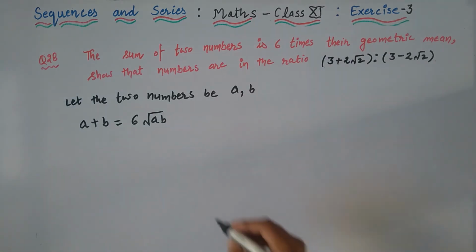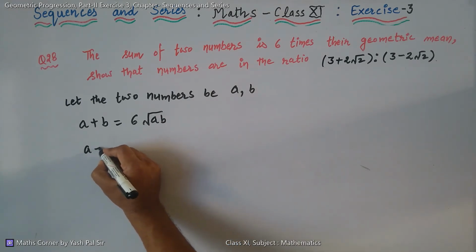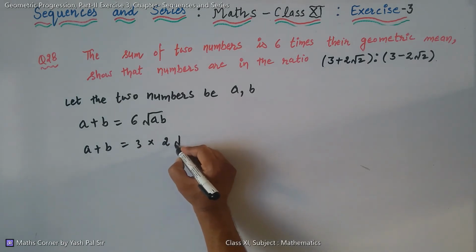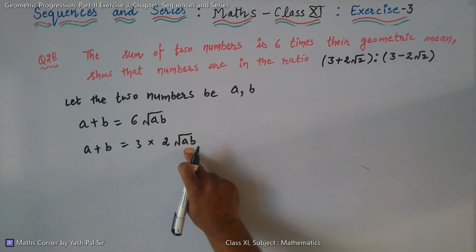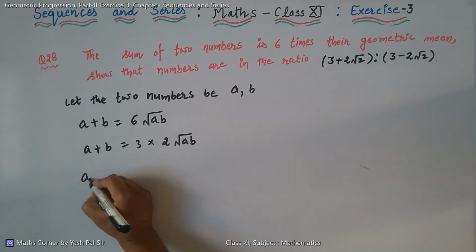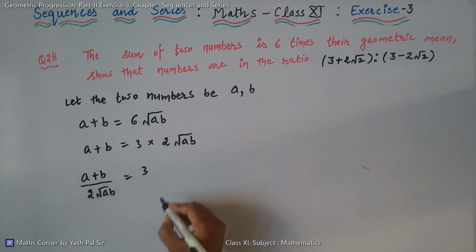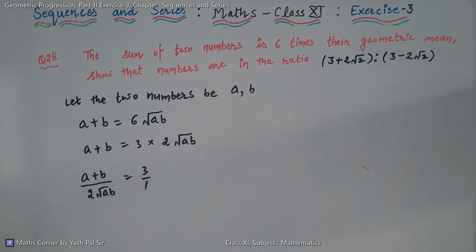Further we convert this to 6 times square root of ab like this. a plus b equal to 3 into 2 square root of ab. Now again in the next step, we divide both sides by this term 2 square root of ab. So we have (a plus b) divided by 2 square root of ab equal to only 3 is left. We can write 3 as 3 upon 1 also.